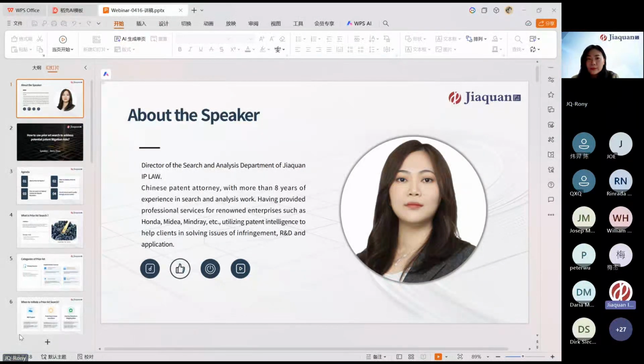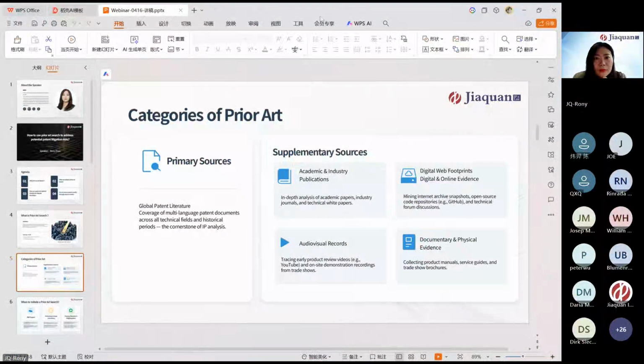Hello, Rony. Sorry to interrupt. Hi, Rony. Yes. It seems that you have not changed any slides on your side. Because we can only see page 1. That's your self-introduction page 1. Yes, now it's page 5. Is that correct? Yeah, it's been delayed, I think.